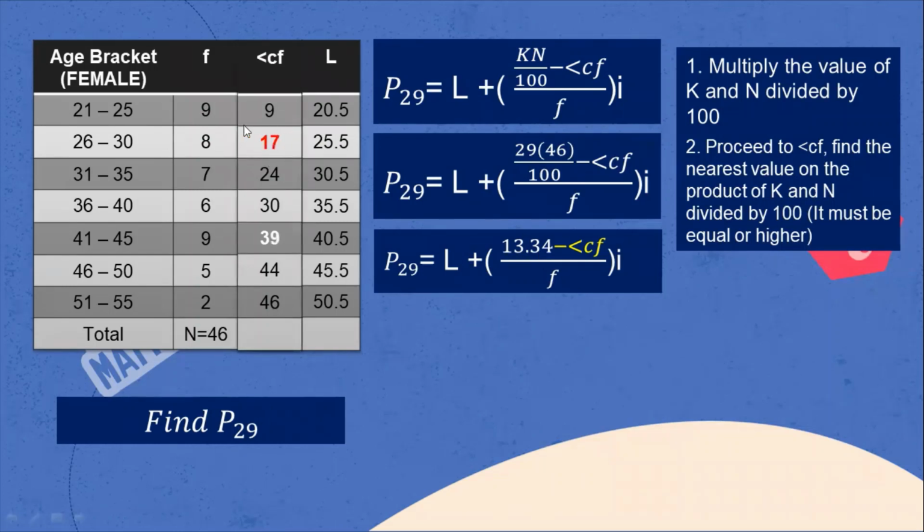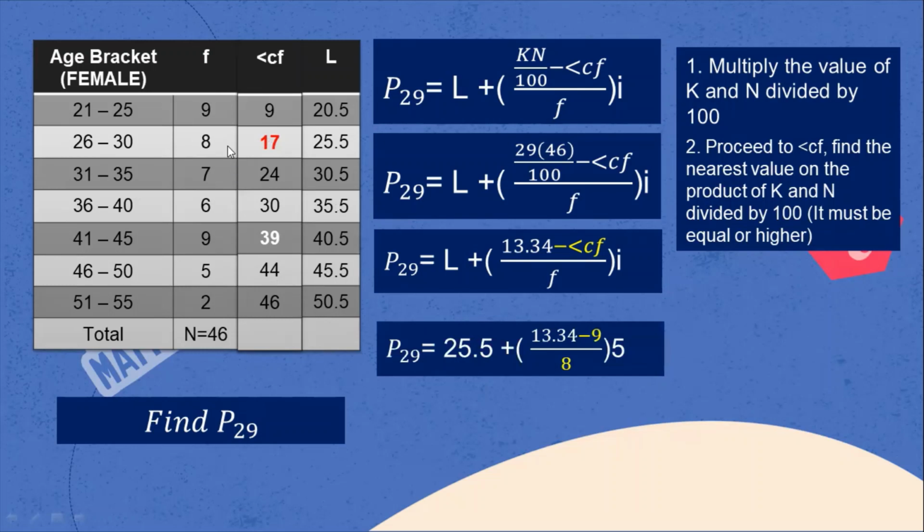That is 17. Okay? We will be using all the values or the data on 17 except 17. For the value of f, that is 8. The value for lower class boundary is 25.5. The value for the interval is 5 because we have 26, 27, 28, 29, 30, 5 intervals.